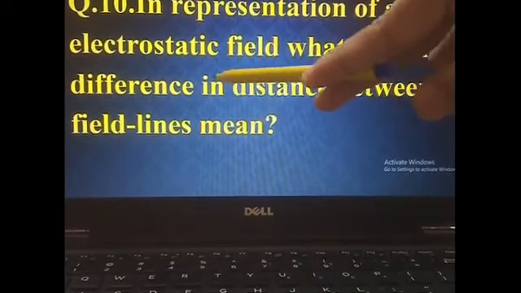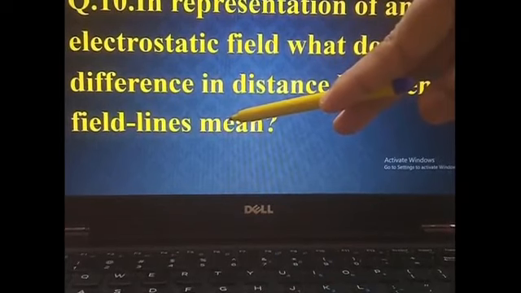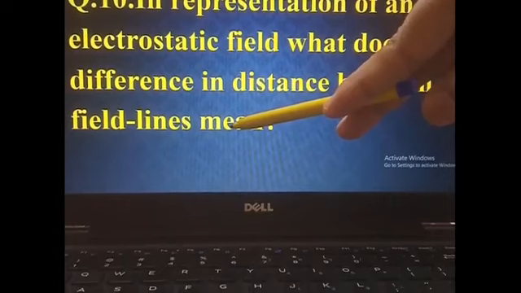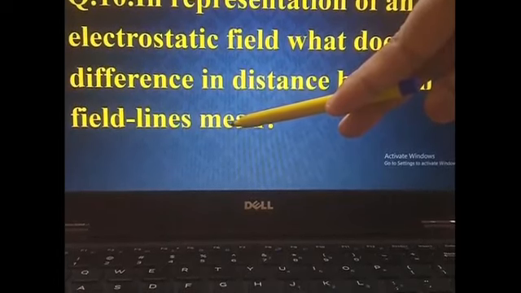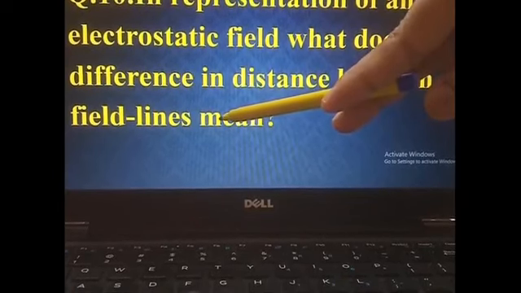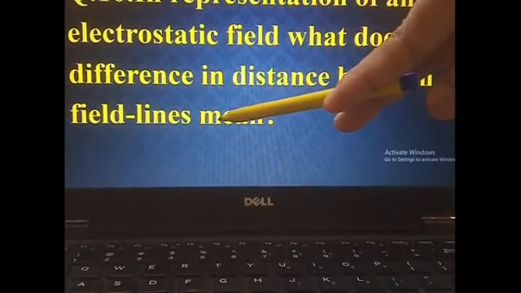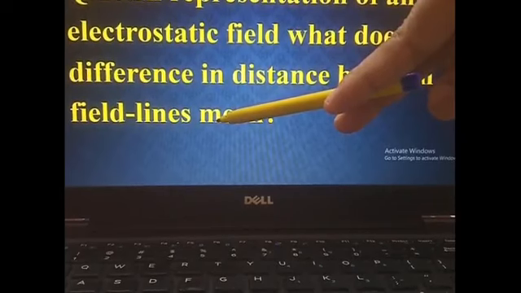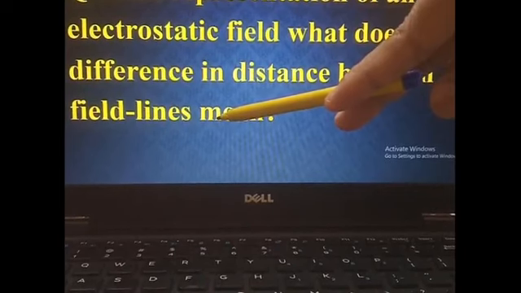So here the difference in the distances tells us how much the force of repulsion or the force of interaction is increasing between the electric field lines. In the case of electric field lines originating from the positive charge, they will extend their distance from the other field lines originating from the same charge, because they will repel each other.